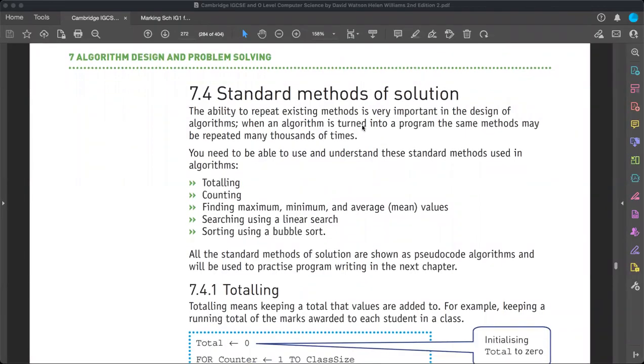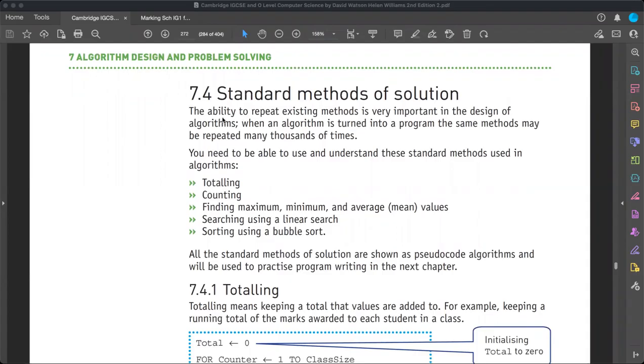Now we are going to start the standard methods of solving an algorithm or a problem. There are some steps we need to take in making a program, or you can say several ways we include in our algorithm to make a perfect, ideal algorithm.